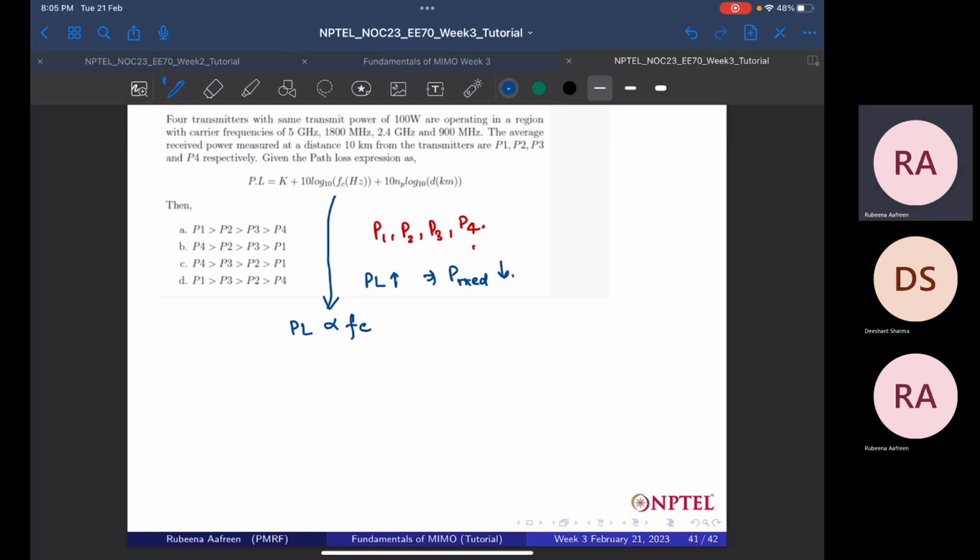So if carrier frequency is greater, then path loss would be greater. So we have FC4 greater than FC3 greater than FC2 greater than FC1, right? So path loss for the fourth case would be greater than path loss for the third case, this would be greater than path loss for the second case, and this would be greater than path loss for the first case. Now, what do you say about received power?